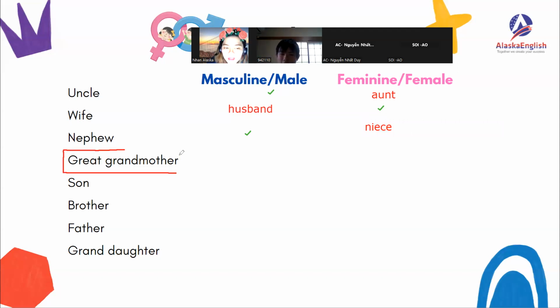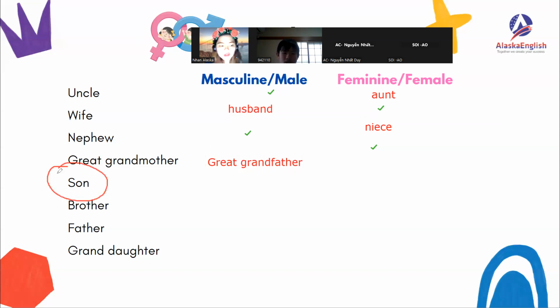Great grandmother. Male or female? Female. Who is the opposite of great grandmother? Great grandfather. All right, very good. Next, we have here son. Is it male or female?